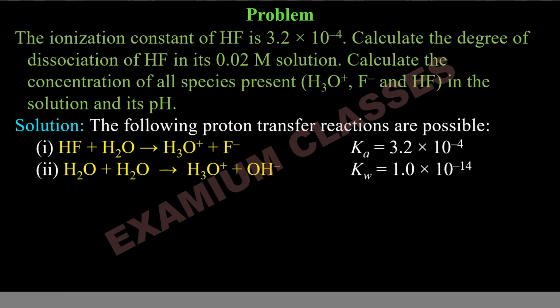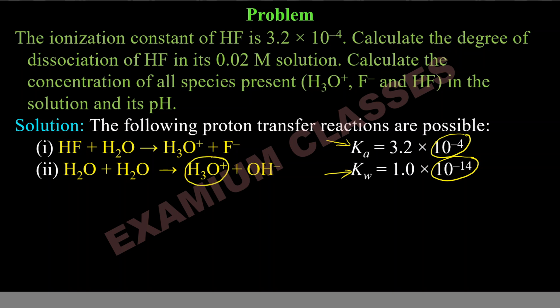So how to solve it? If you see the values here, Ka is of the order of 10 to the power minus 4 and Kw is of the order of 10 to the power minus 14. As compared to Ka, there is hardly any dissociation taking place in the case of water, so you can neglect the hydronium ion concentration produced by water itself.